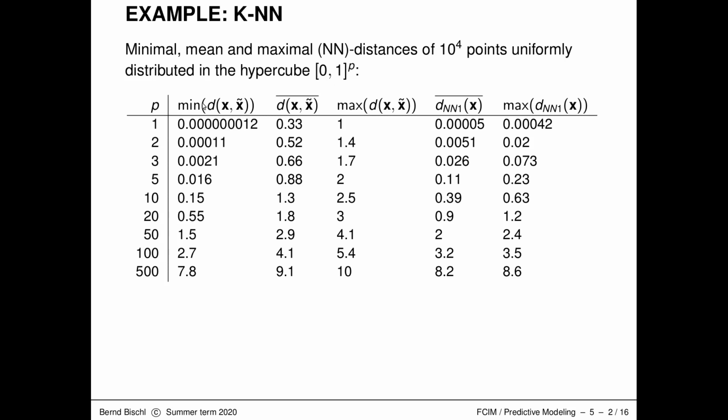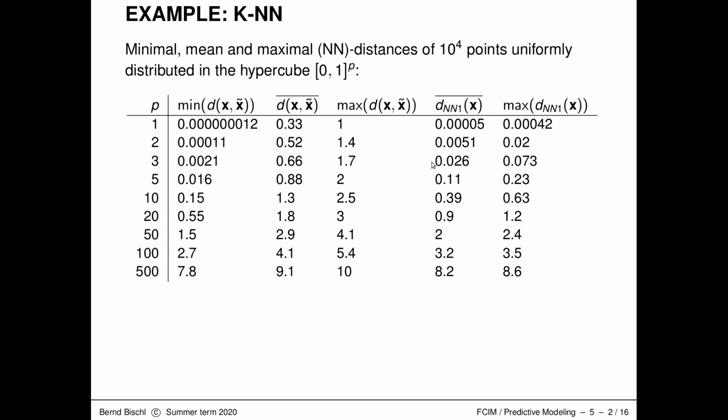Then I calculate for all pairs of points the minimum distance, the average distance, and the maximum distance. Specifically for KNN, we also compute for each point the distance to its nearest neighbor, and then compute the average of that and the maximum.